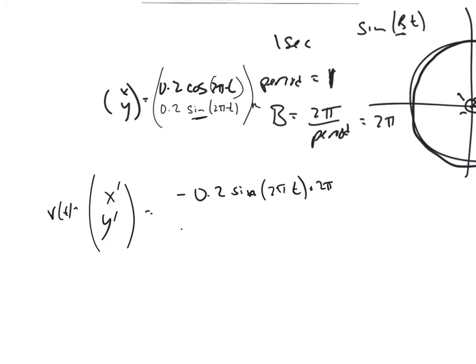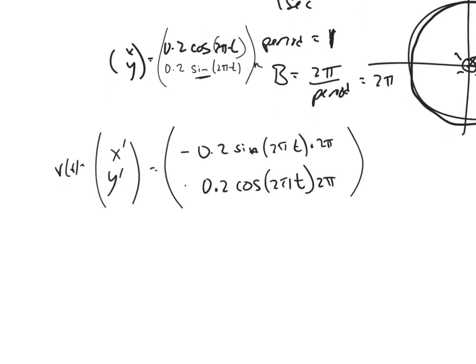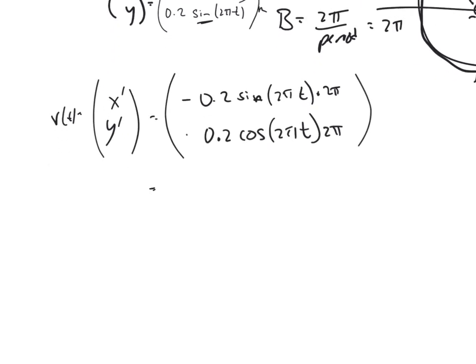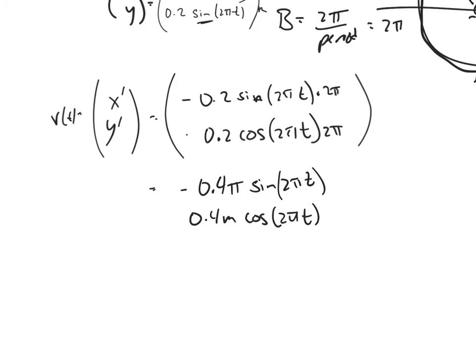And the derivative of sine is cosine 2 pi t, again times 2 pi because of the chain rule. And if I tidy that up a little bit, it's equal to negative 0.4 pi sine 2 pi t and 0.4 pi cosine 2 pi t. And so this is the velocity vector here.